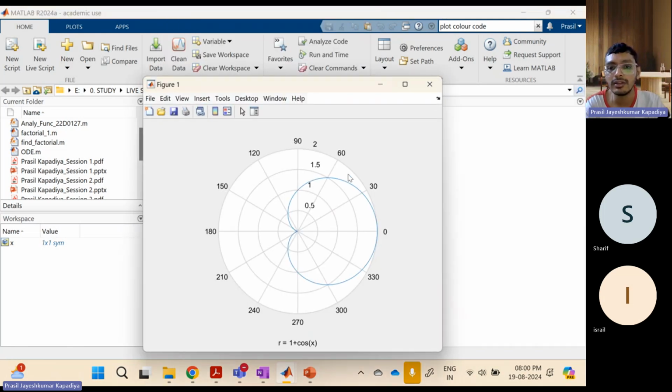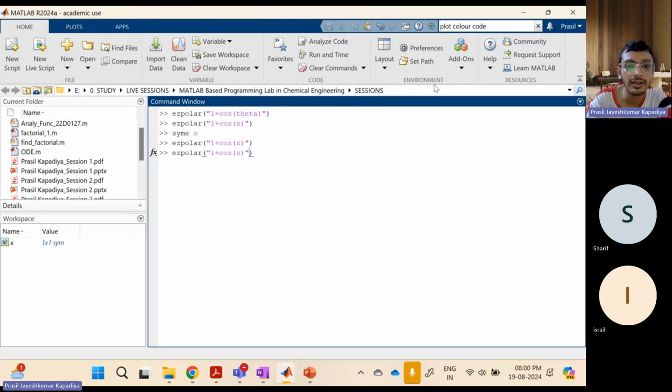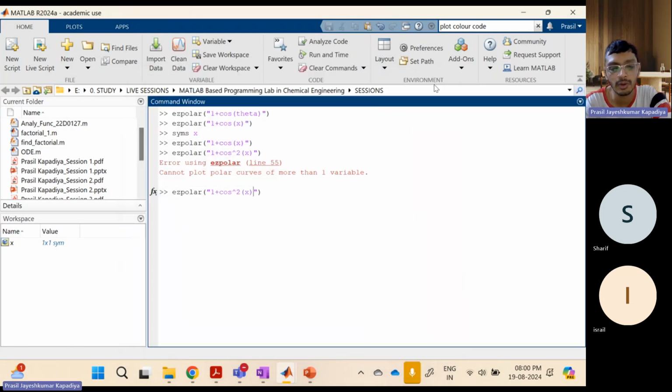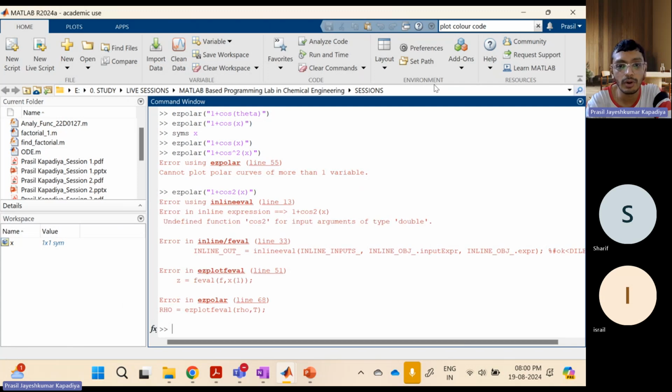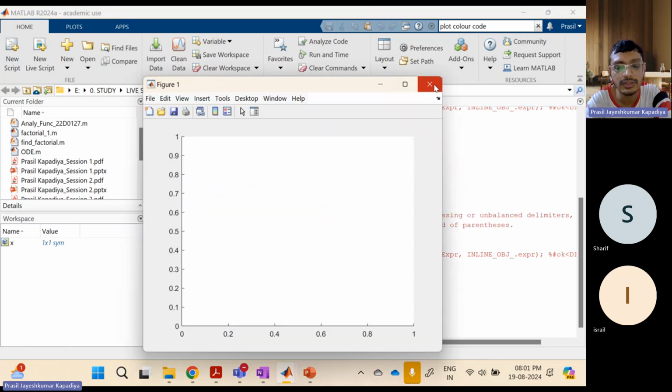You can plot anything. Let's say cos square x. Okay, command cannot plot cos of more than one variable. So I can't plot. I can plot, I guess, cos, and I need to write it like this: cos into 2x.